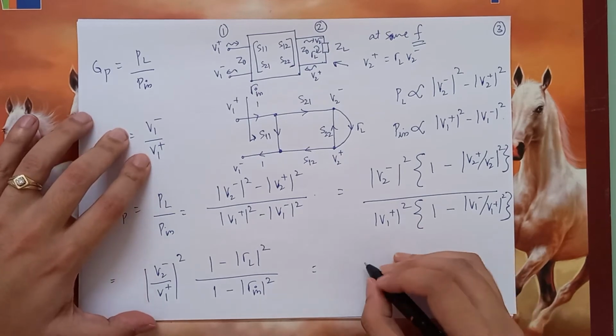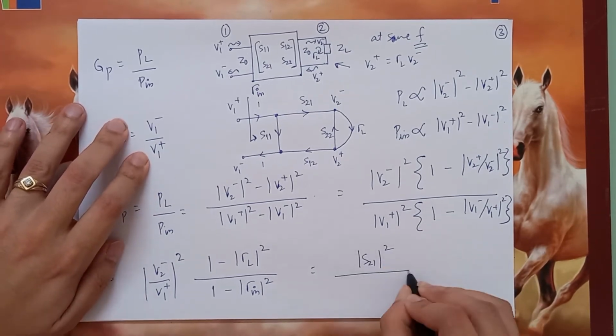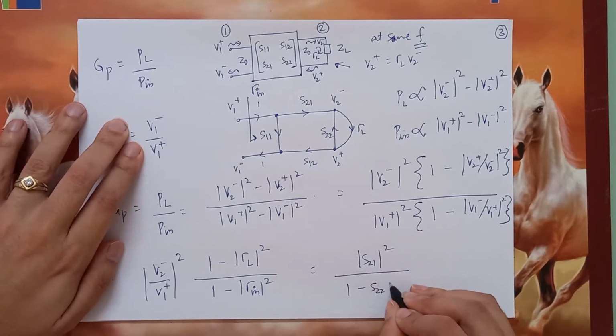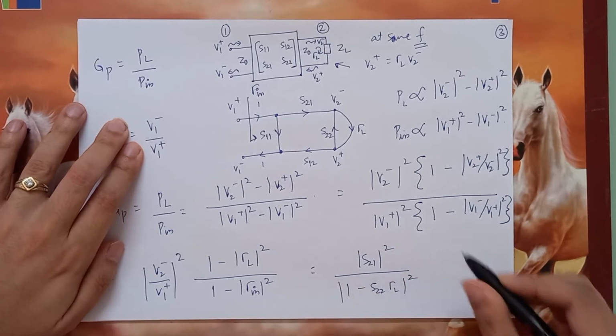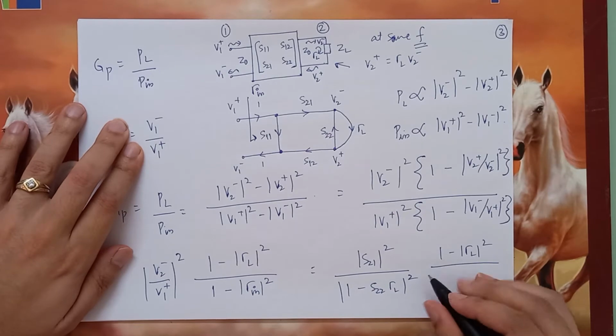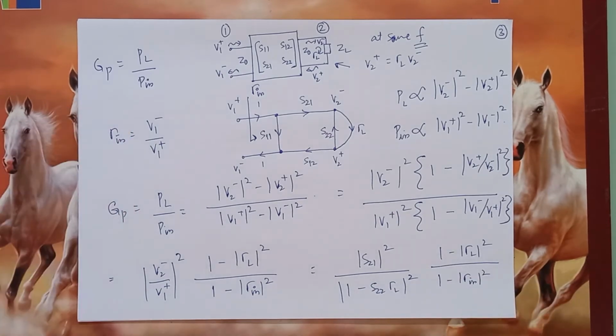That will be mod S21 square divided by mod 1 minus S22 gamma L the whole square, times 1 minus mod gamma L square divided by 1 minus mod gamma in square. So now we've got this expression, which is in terms of the quantities we are mostly familiar with.